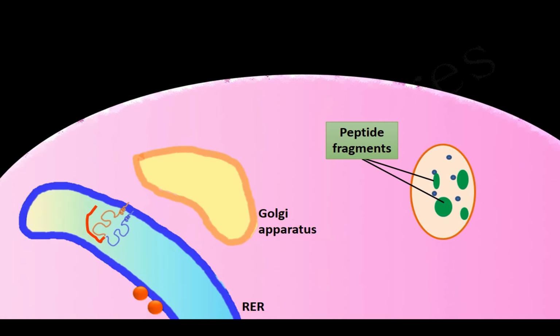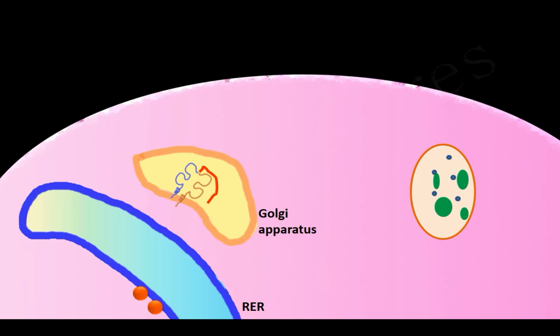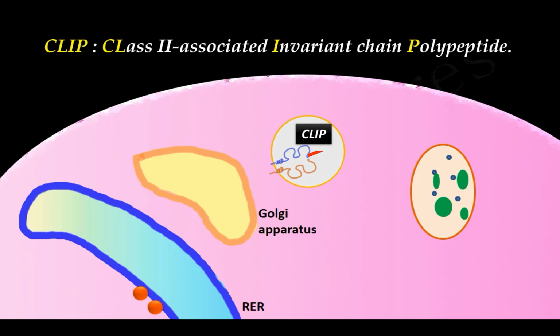These MHC2 invariant chain complexes are transported from the endoplasmic reticulum to the Golgi apparatus and from the Golgi apparatus to another vesicle. The invariant chain is digested and only a small fragment remains bound to the peptide binding groove of the MHC2 molecule. This fragment is known as CLIP. CLIP stands for class II associated invariant chain polypeptide.